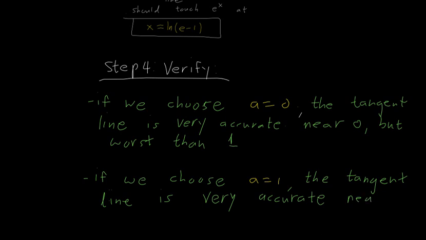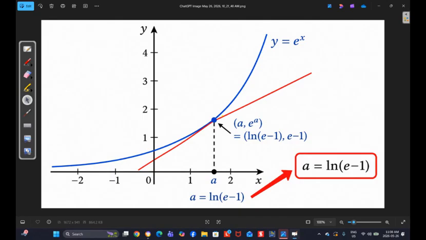Because again, at a equals 1, a here was between 1 and 2, okay? But if a is 1, it's getting very accurate. It's approaching the appropriate a that we need. So the best tangent line is to touch somewhere in the middle. It shouldn't be exactly at 1/2 because e to the x will grow from the right side, so that point is shifting slightly. Try and see how it's shifting.